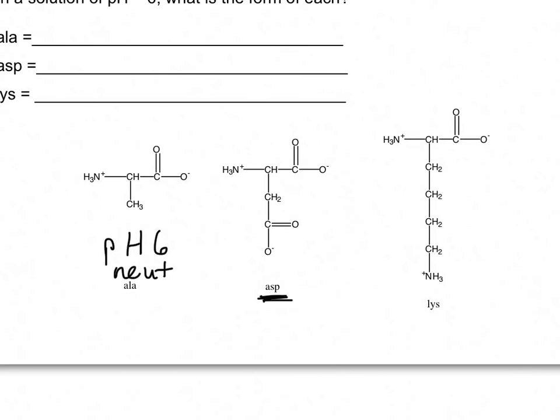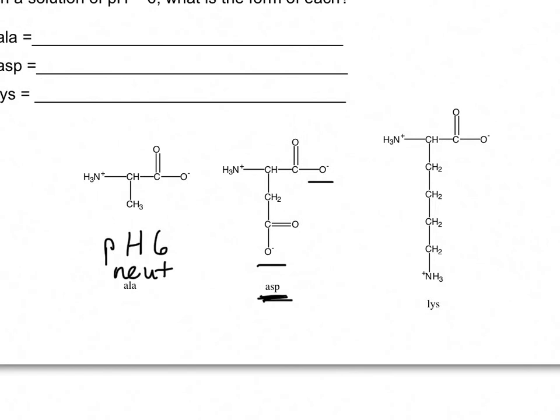Aspartic acid rather, has 2 carboxylic acids. Now at pH 6, that's approaching basic. We're not quite there, but the pKa values of those 2 carboxylic acids, one was 3 and one was 5. So we're above that. What that means is the carboxylic acids are both deprotonated, there and there.